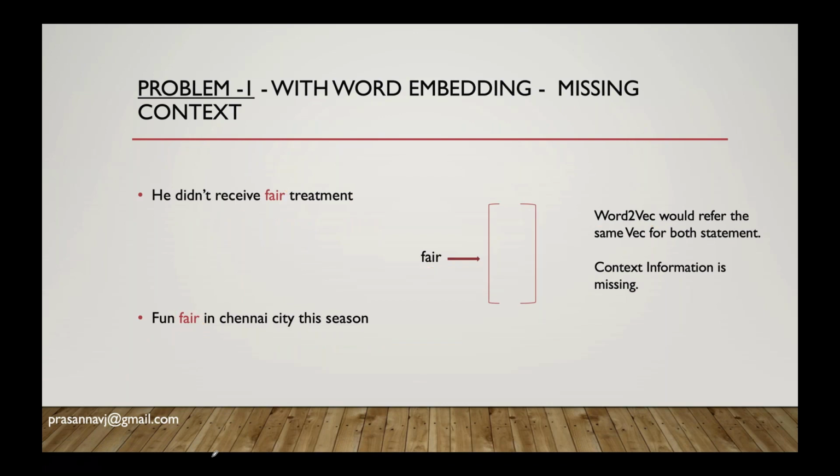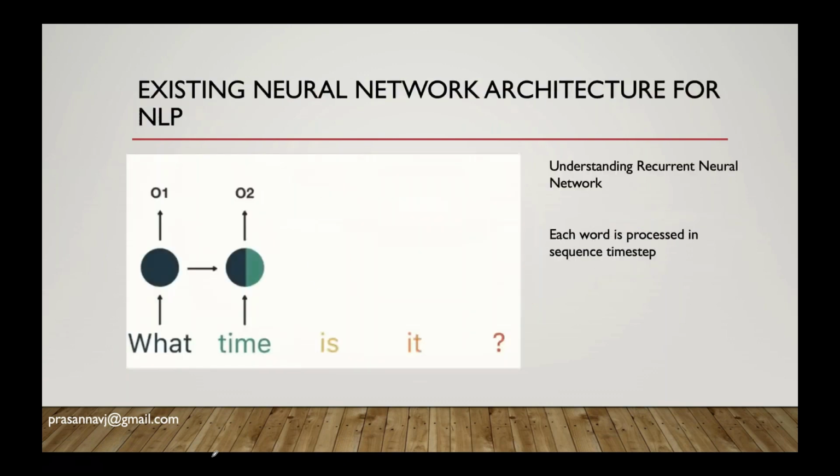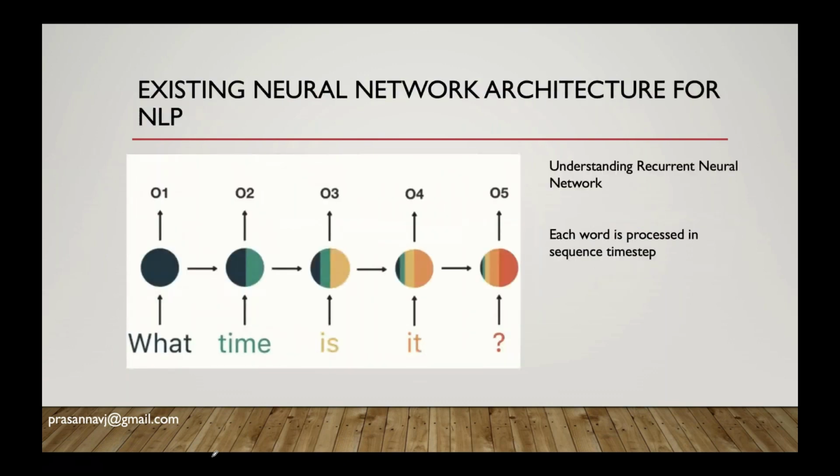So the next thing is looking at the existing architectures that are available in the market and how these architectures currently help solve the natural language problem. I assume that you all have some background in something called neural networks.